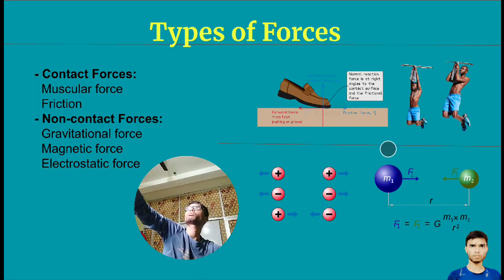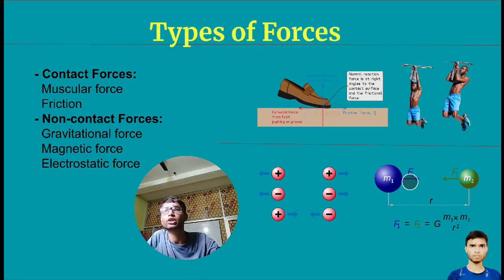If you want to see muscular force or friction force, then of course both objects will be in contact with themselves. Here this person is pulling this rod, and it is possible because this person is in contact with this object.